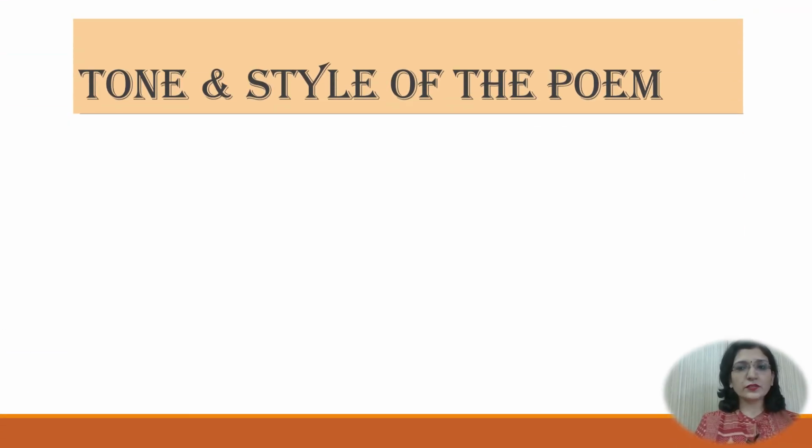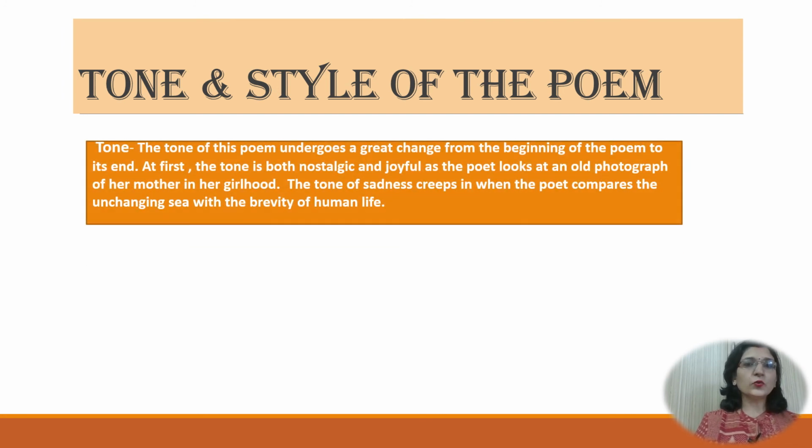As regards the tone and style of the poem, we can say that the tone of this poem undergoes a great change from the beginning of the poem to its end. At first, the tone of this poem is both nostalgic and joyful because the poet looks at an old photograph of a mother in her childhood, whereas the tone of sadness creeps in when the poet compares the unchanging sea with the brevity of human life.